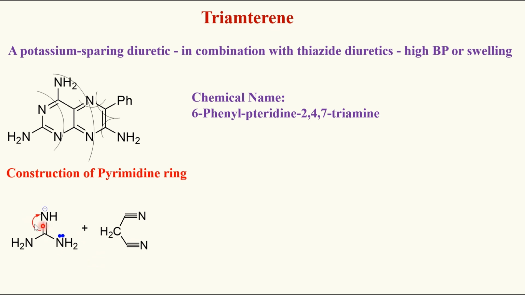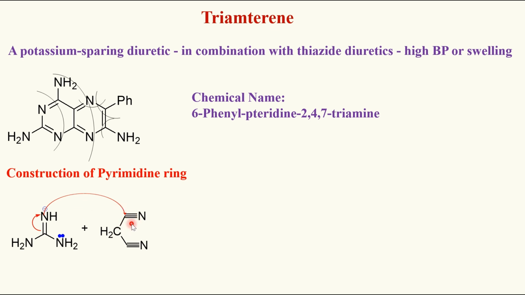The pi electrons over here move onto the nitrogen. It becomes electron rich, and this electron rich nitrogen attacks the nitrile carbon. Once the bond is formed between this carbon and the nitrogen, this has to maintain its tetravalency. Already it's tetravalent and one more bond has formed.